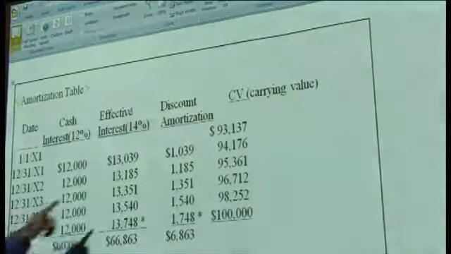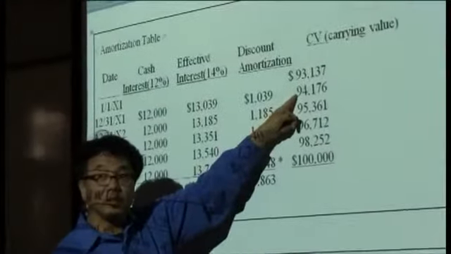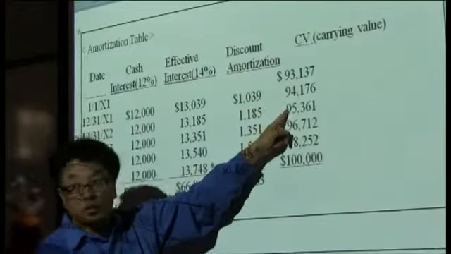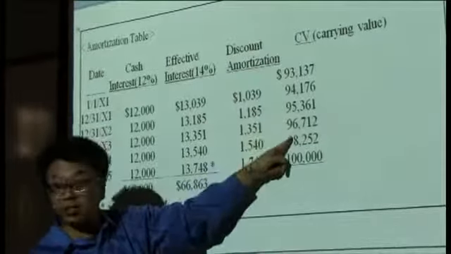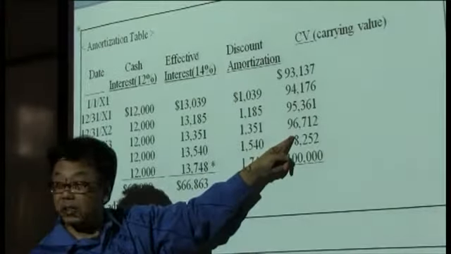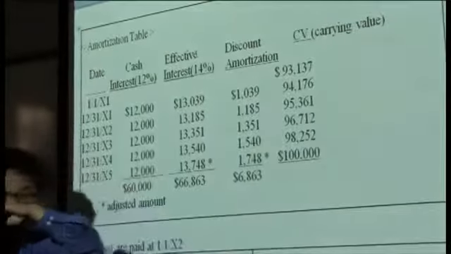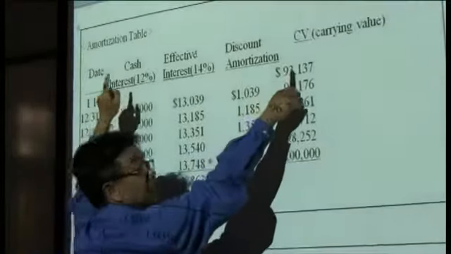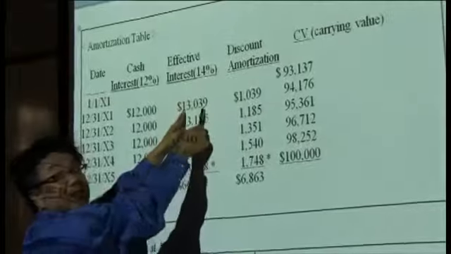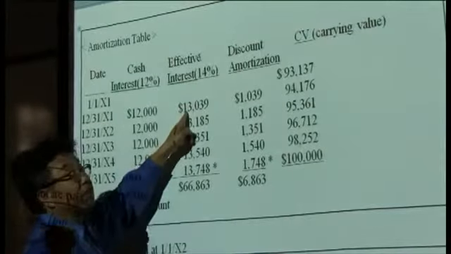The principal is increasing. Is it exactly the same interval? No, it's accelerating. Am I right? Okay. So 93 multiplied by 14%, that's this number. I'll save your calculation.